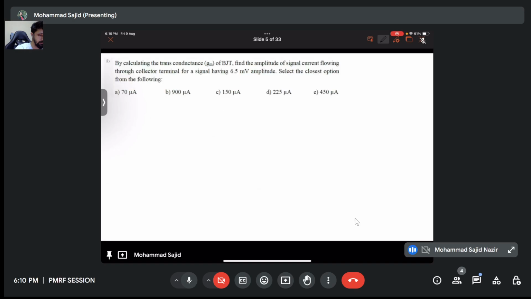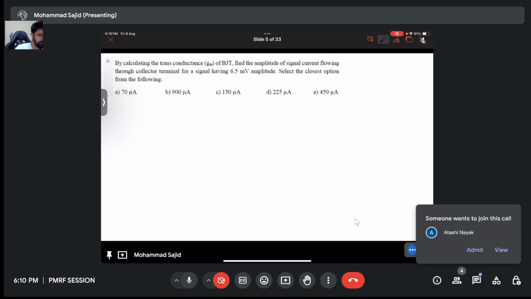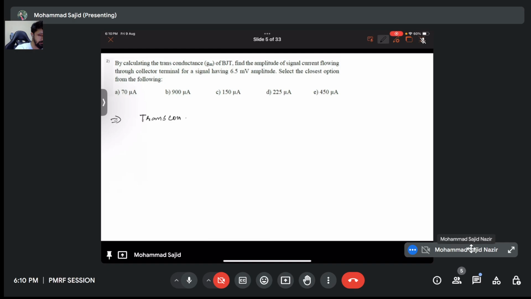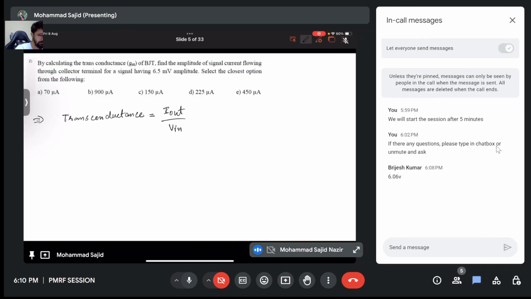Now the next question is, by calculating the transconductance, can you tell me what is transconductance? It is output current by input voltage. We had studied in the previous session some formulas related to transconductance.